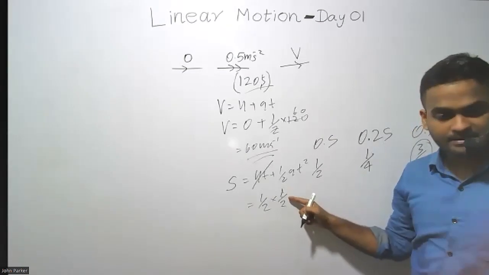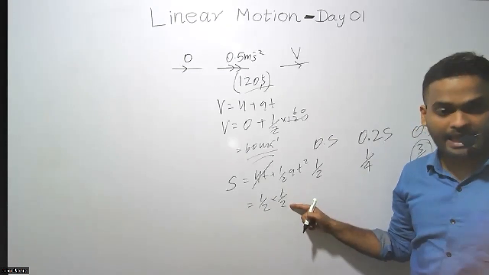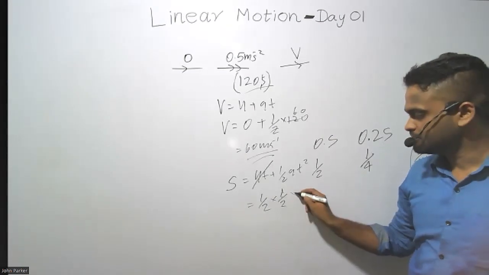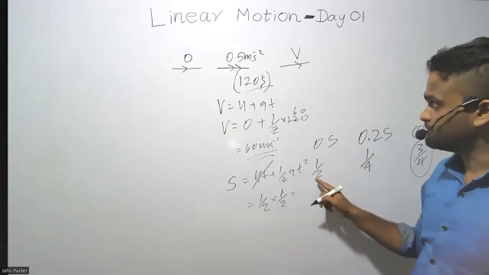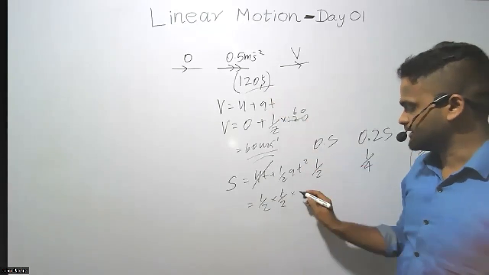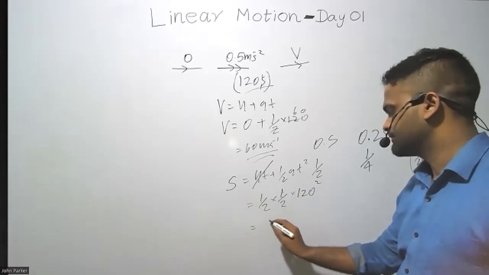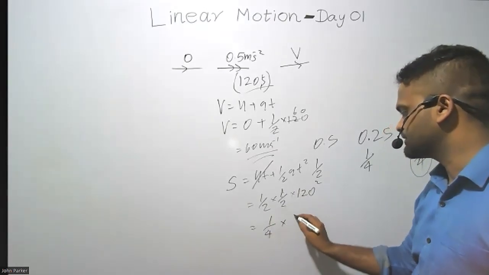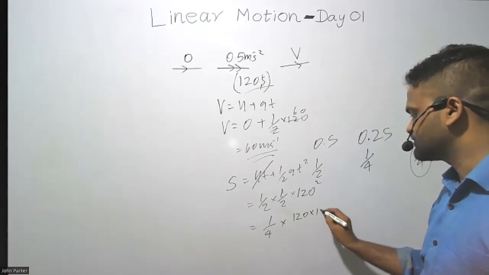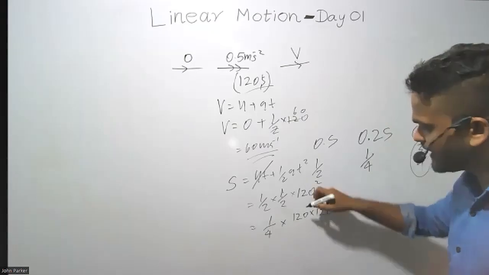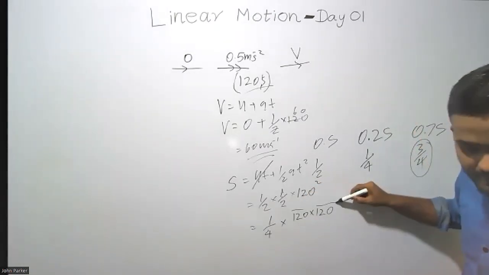But it makes a significant difference in calculations. Okay, so time is 120, 120 squared actually. This is 1/4. If it is too difficult, you can just write 120 squared like this.